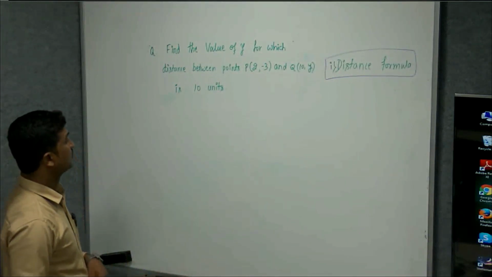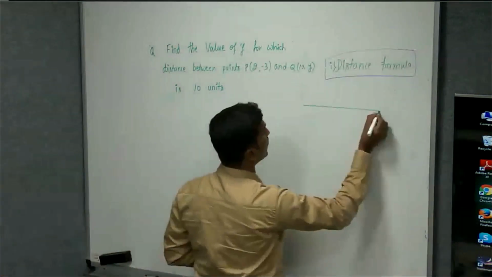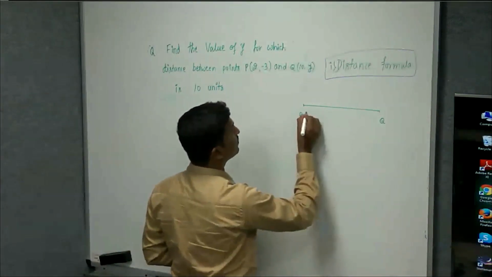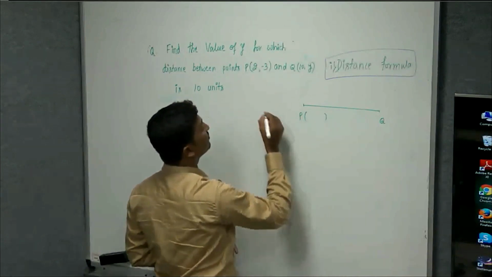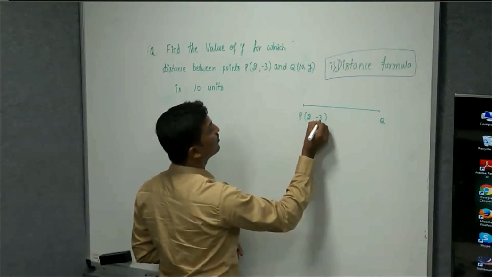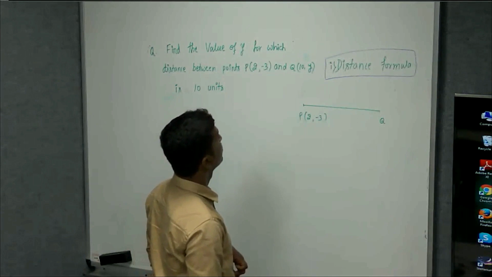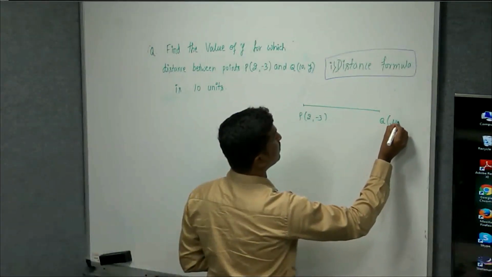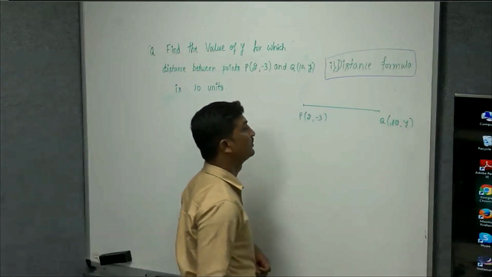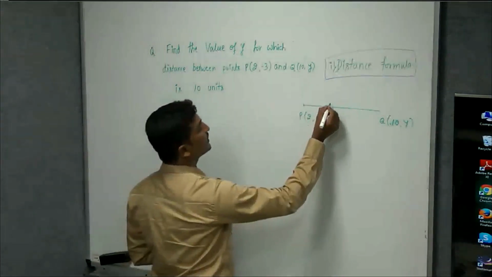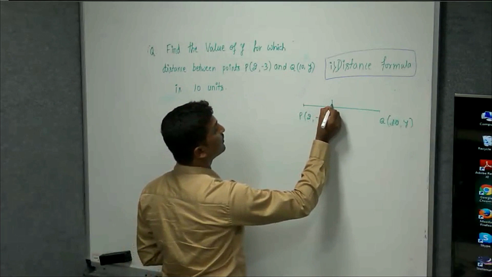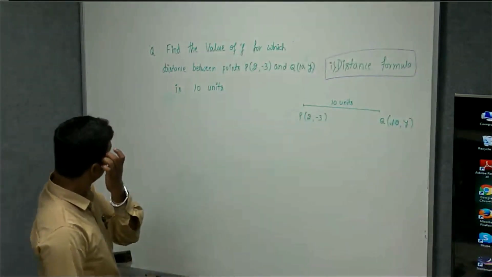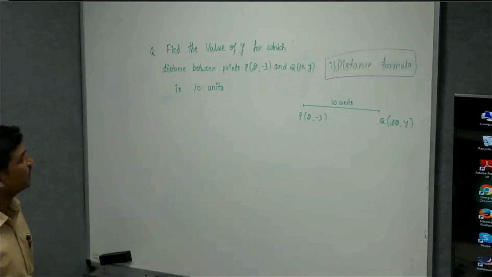So let us visualize this one. We have a line segment PQ. The coordinates of P are (2, −3) and the coordinates of Q are (10, y). And they have given a distance of 10 units. How will you solve this one?